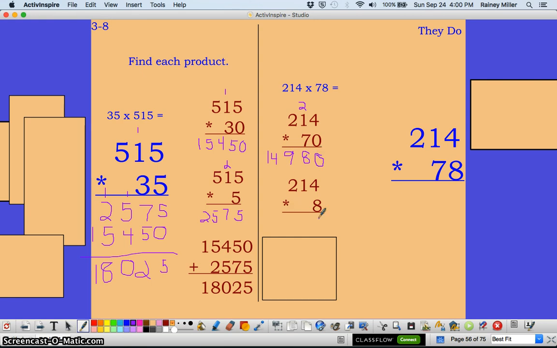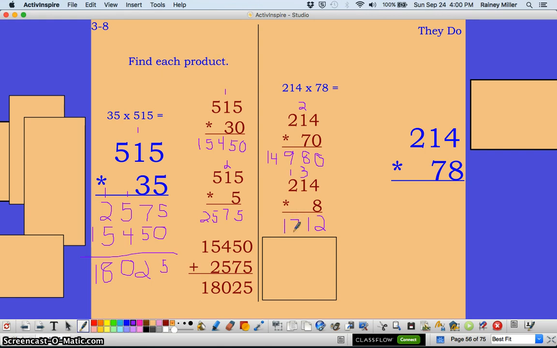Okay, now I go on to this one and I go, okay, 8 times 4. 8 times 4 is 32. So I put my 3 up here, my 2 down here. 8 times 1 is 8 plus 3, that's going to be 11. And then 2 times 8 is 16, 17.